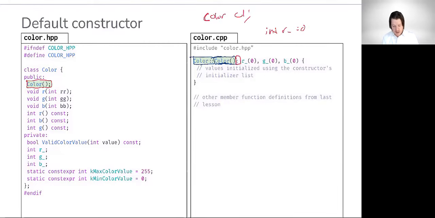So again, this is going to be initialization. Notice here within this list, we say that R will take on the value of 0 upon default construction, G will take on the value of 0 upon default construction, and B is going to also take on the value of 0. It doesn't have to be 0. It depends on the context of the type that you're creating.